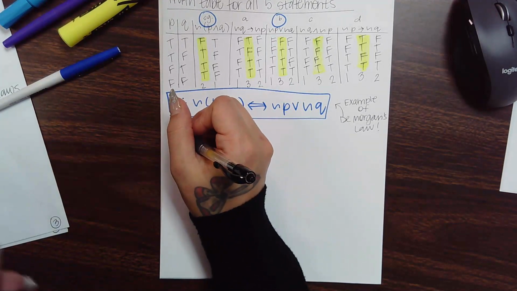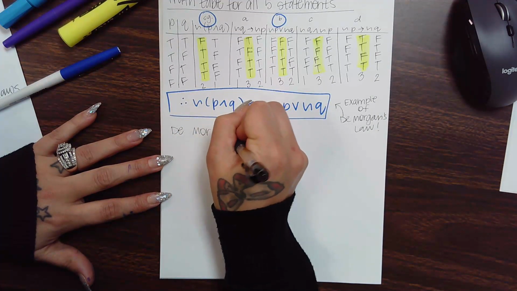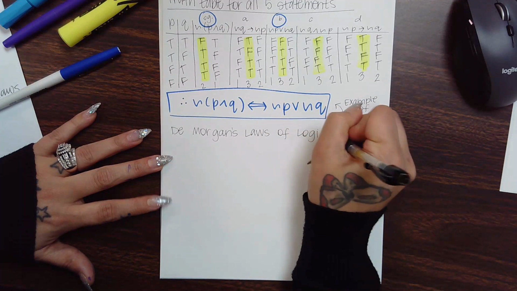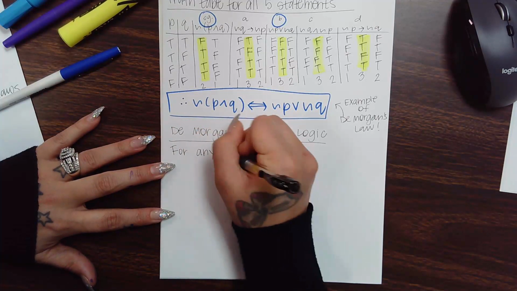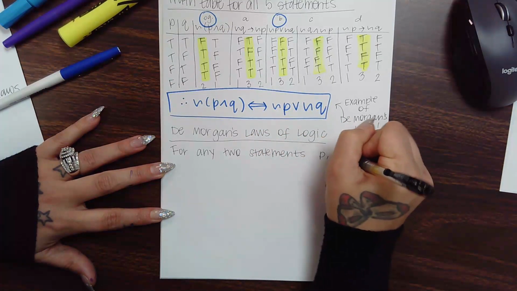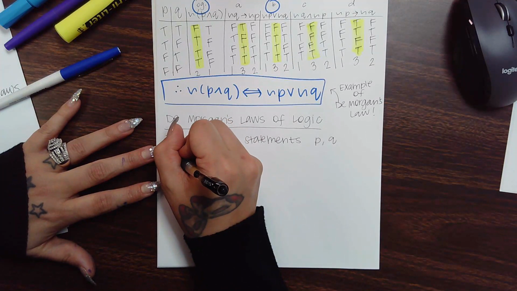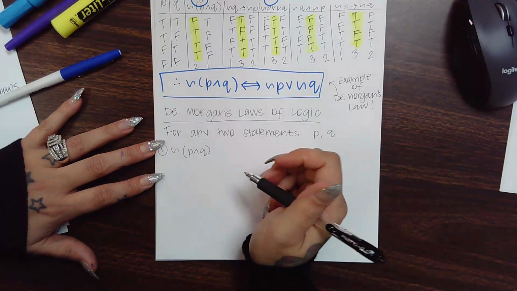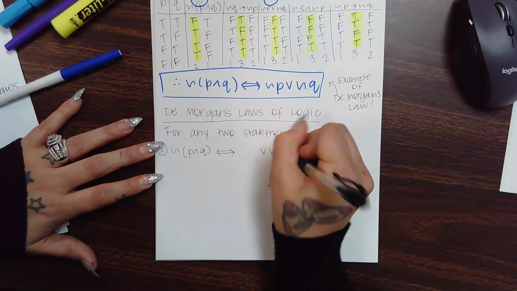Here's De Morgan's laws of logic for any two statements, P and Q. The first law is if you have the negation of a conjunction of two simple statements, it is logically equivalent to the disjunction of their negations.